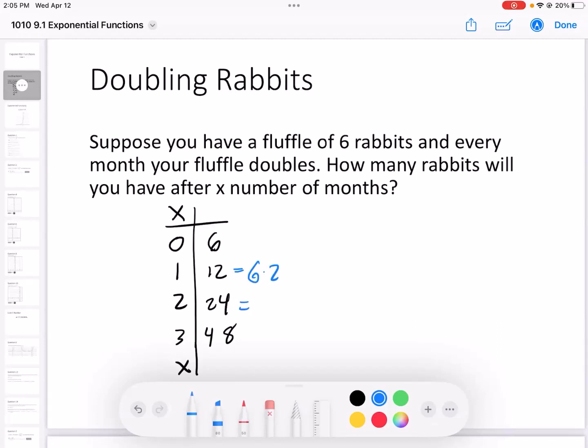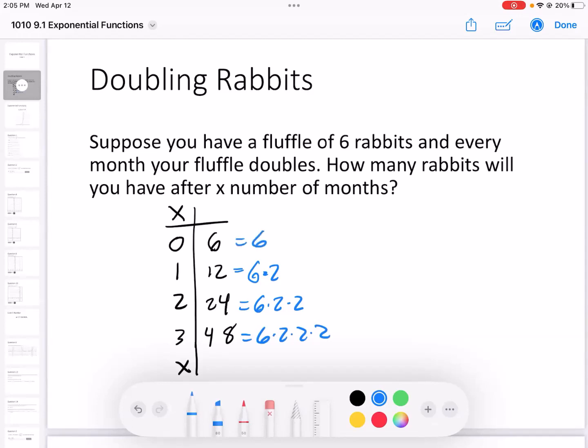And then how did we get the number 24? Yep, we did 12 times 2, but we could also write this as 6 times 2 times 2, because the way that we got the 12 was by doing 6 times 2. And for the 48, we doubled this number, so this would be 6 times 2 times 2 times 2. And our original amount is just 6.